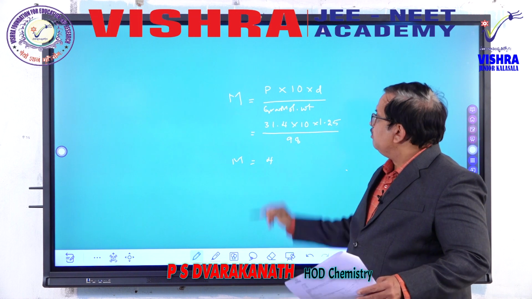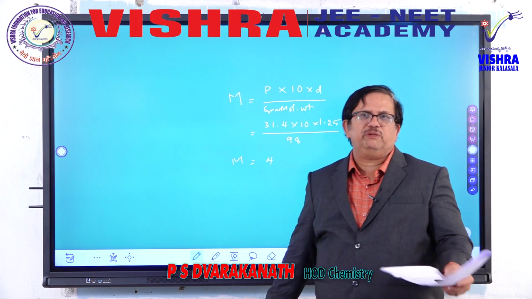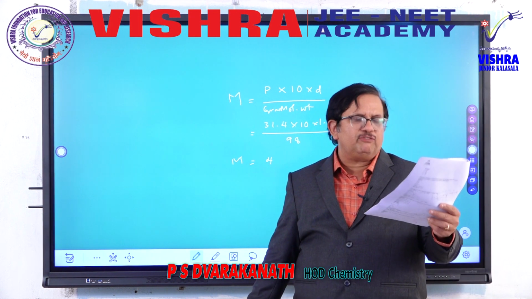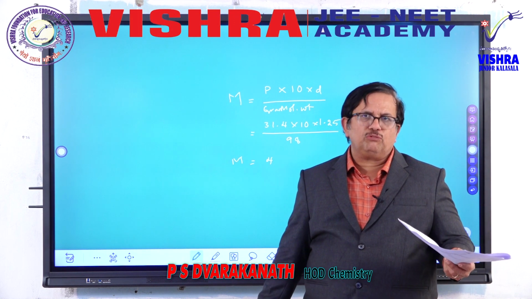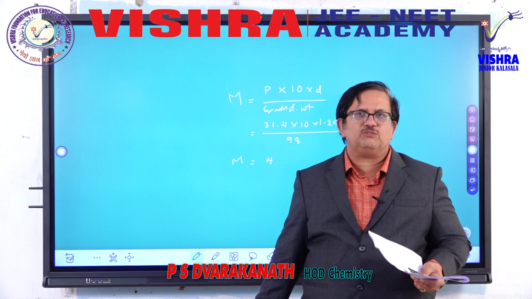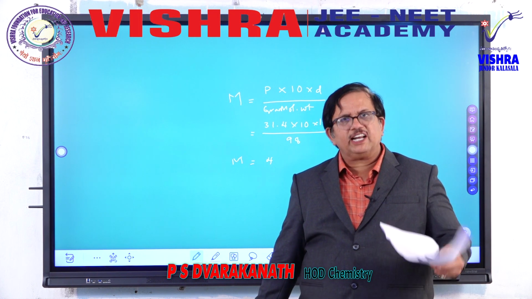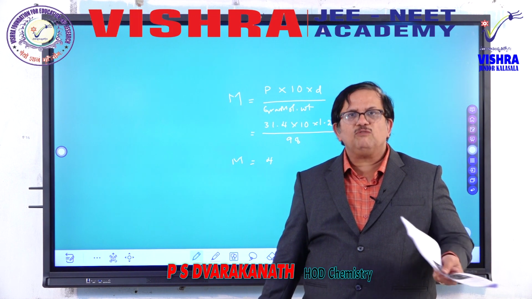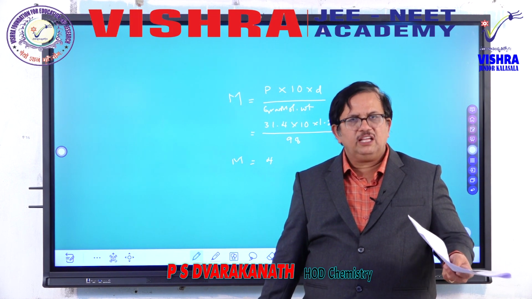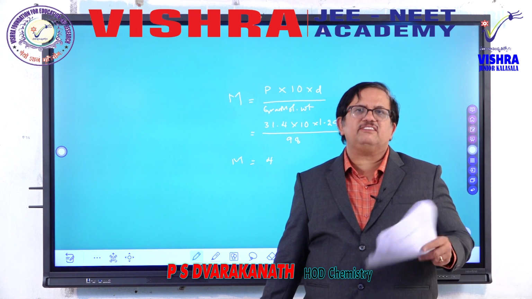But you can calculate in a conceptual way, because 31.4% means 31.4 grams of H2SO4 is present in 100 grams of the solution. For 100 grams of the solution, you can calculate the volume of the solution. Volume is nothing but mass by density.